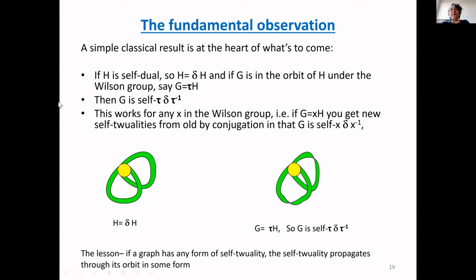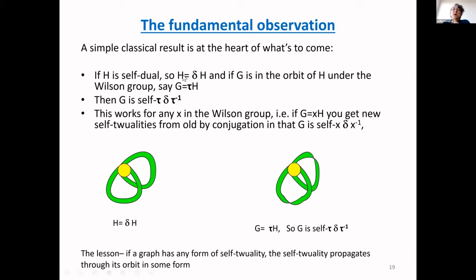If you have a graph that's self-dual, so say H is equal to the dual of H, and you have some other graph that's in the orbit of H under the Wilson group, so suppose G is the Petrie dual of H, then G is going to be self something. It's going to be self tau delta tau inverse.